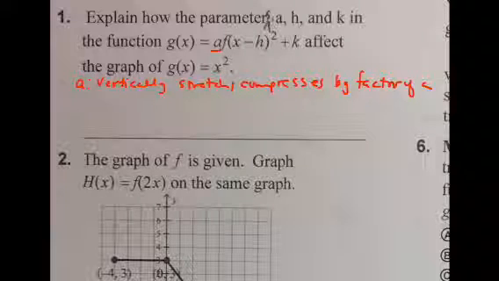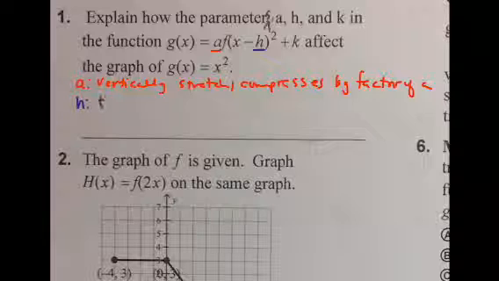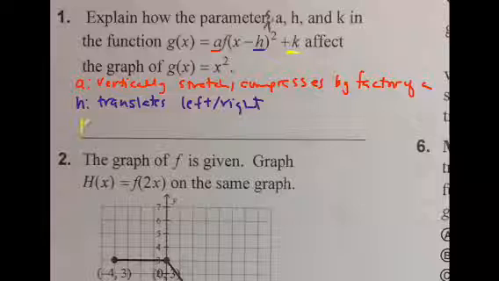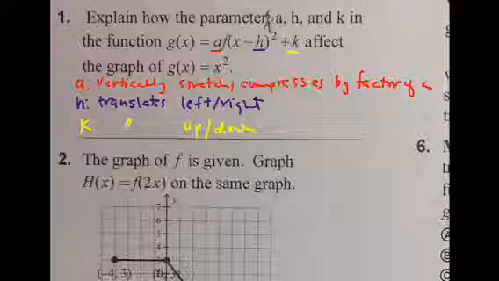And then the h translates, so it just slides it over left or right, and then the k translates up or down, and that's all you had to say for that one.